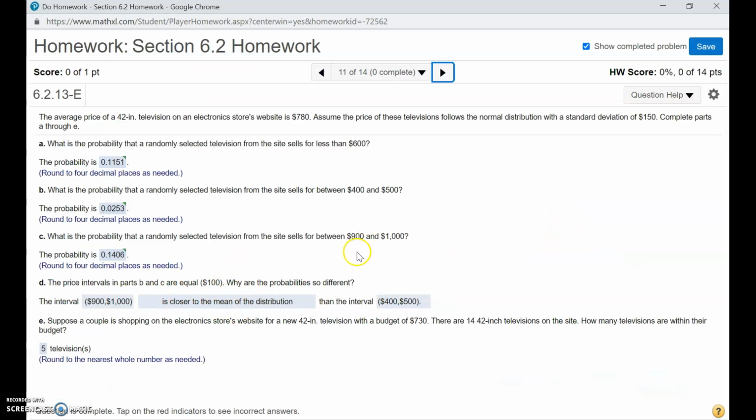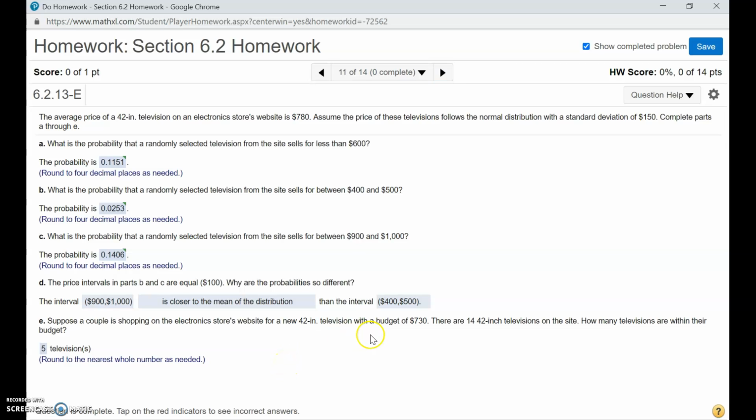Since 900 to 1,000 is closer to 780 than 400 to 500, the probability is going to be higher. That is why the probability is so different.